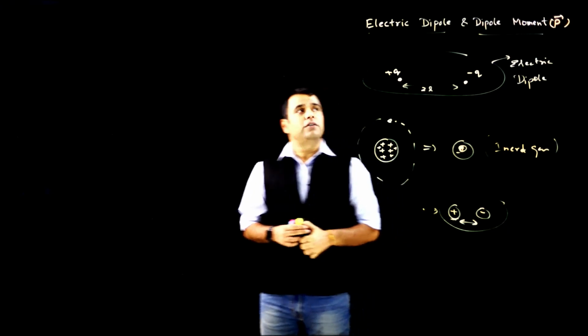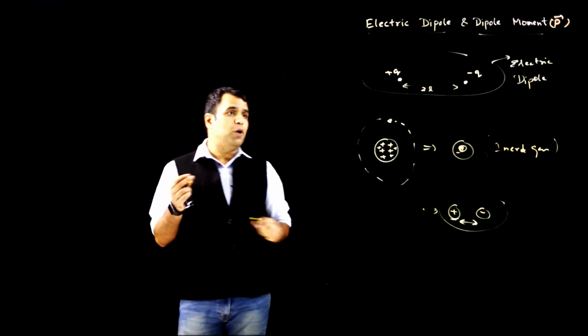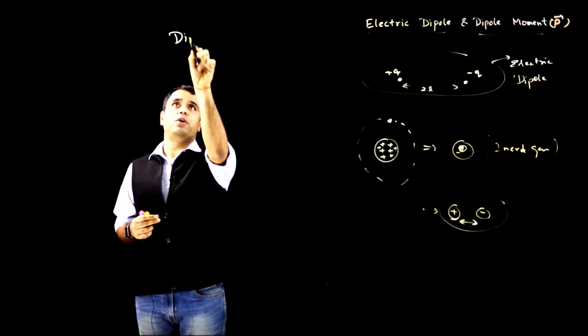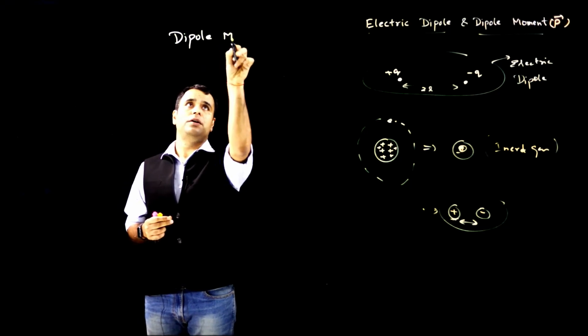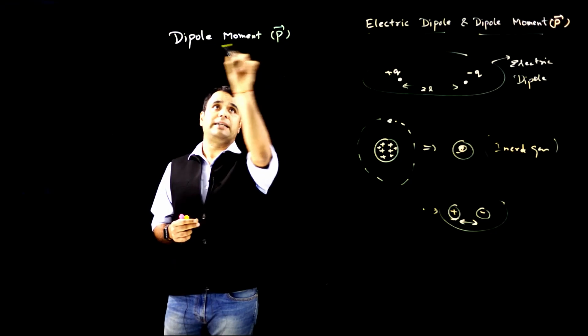Now we have to define the dipole moment. Corresponding to this system, we define a vector quantity, that is the dipole moment. It is defined by P, which is a vector quantity.